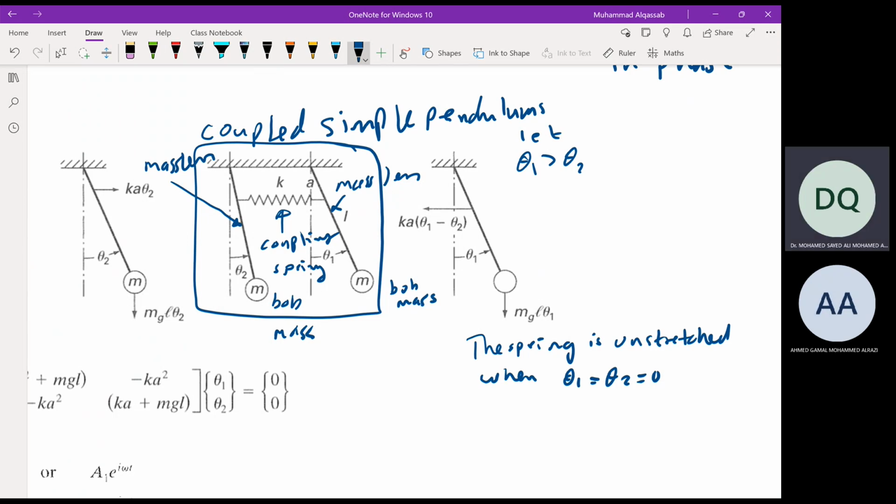Okay, at an arbitrary position, when pendulum 1 is at theta 1, then the two ends of the spring are moving. With small oscillations, of course, we'll assume small oscillations, so that sine theta, let theta 1 be very much less than 1, and theta 2 also very much less than 1.